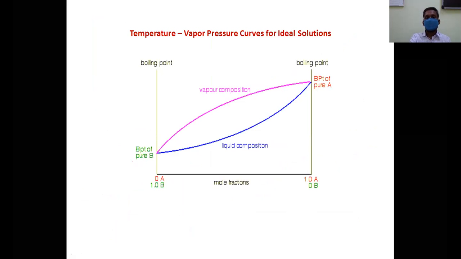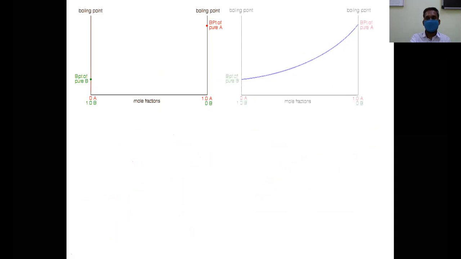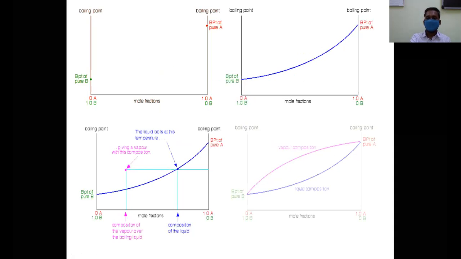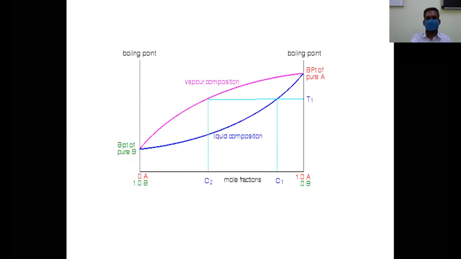So at once it is difficult to understand this diagram, but as you dissect it into different parts, you can understand it easily. So now for any solution, I can construct a phase diagram of vapor composition and liquid composition and their boiling points. Okay, fine. And this is for an ideal solution.